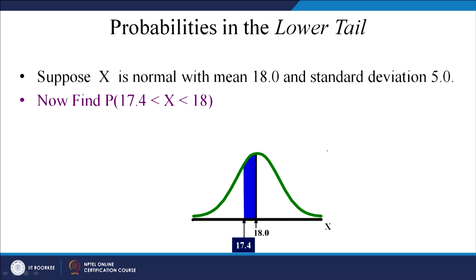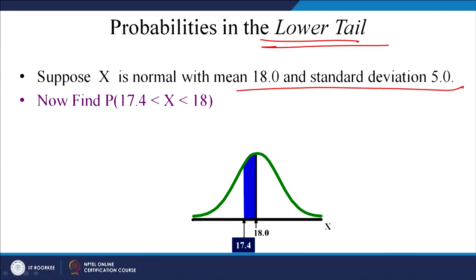Now, we have to calculate probabilities in the lower tail. So, we have seen probability in the upper tail, probabilities between any two points, and now let us look at probability in the lower tail. We will take the same example. What is the probability that the image will take to download between 17.4 and 18 seconds, more than 17.4, but less than 18 seconds.